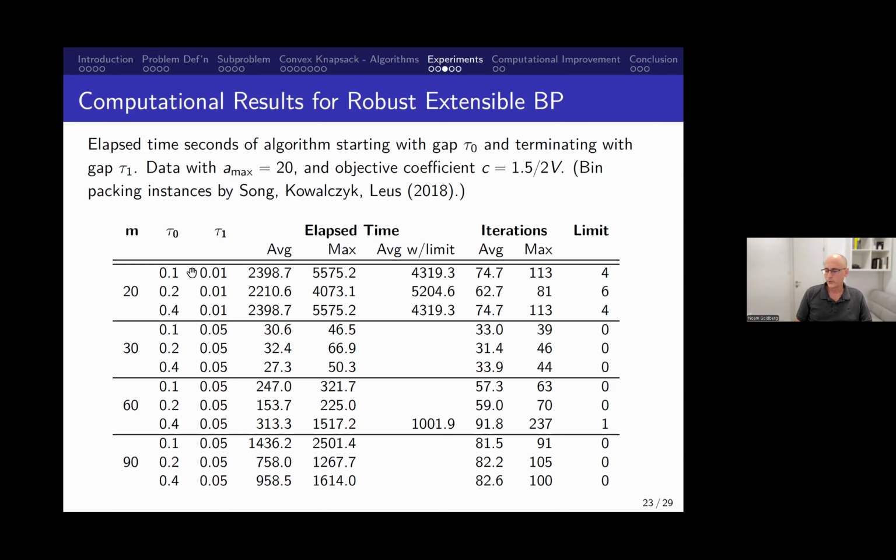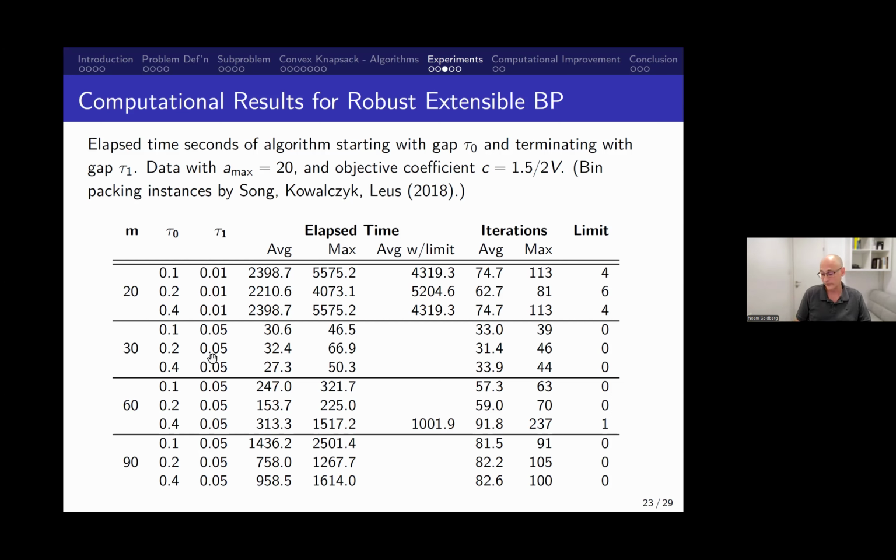So with tau 1 of 1%, we can get the gap, and we consider different initial optimality gaps from 0.1 to 0.4, and we can see that it quite matters. With the looser optimality gap, we can usually get some better results. I'm not showing all results in this one table, but typically we get improvement with 0.4, even with 0.2.